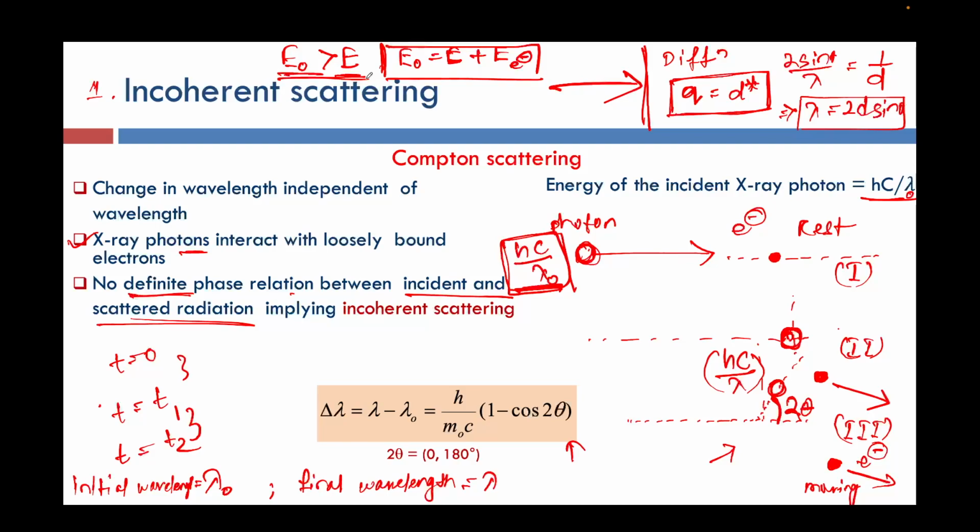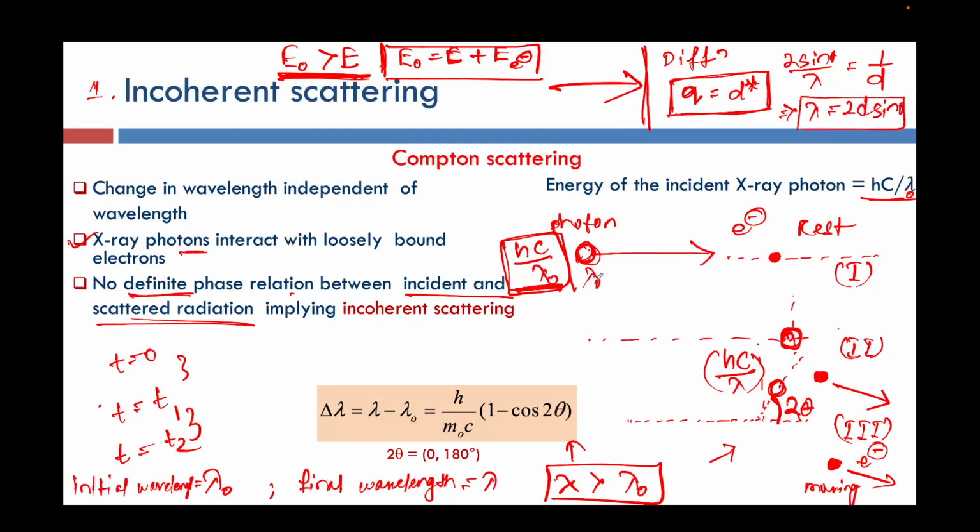But here the energy is reciprocal to the wavelength. So lambda will be greater than lambda naught. That means if I am losing energy, my wavelength will be longer than the previous wavelength. That is why the lower the wavelength of your electromagnetic radiation, the higher the energy. Lambda is the wavelength after the scattering and lambda naught is the wavelength before the scattering.